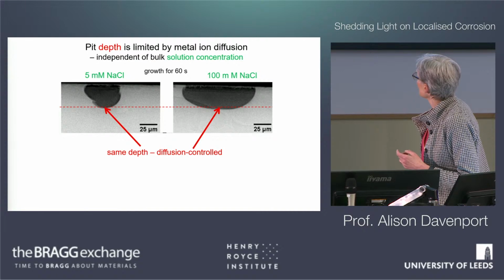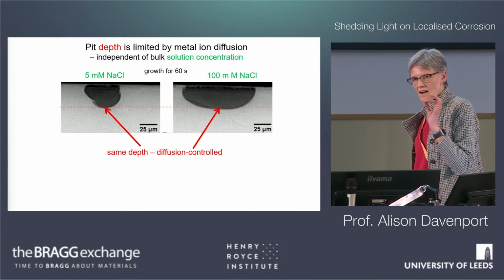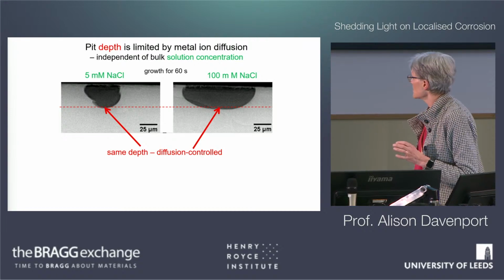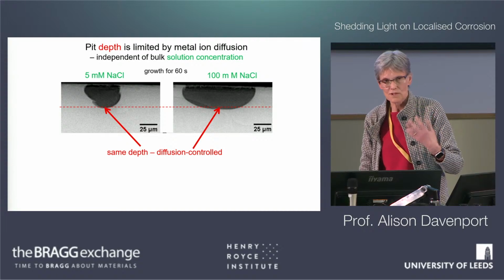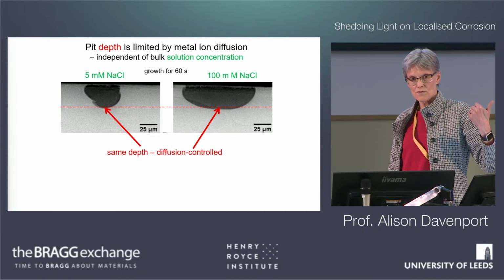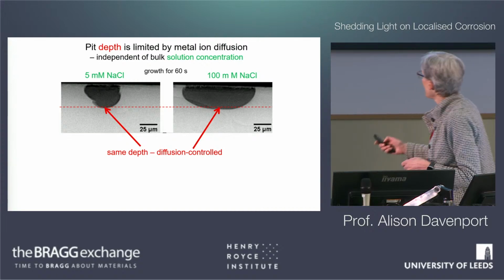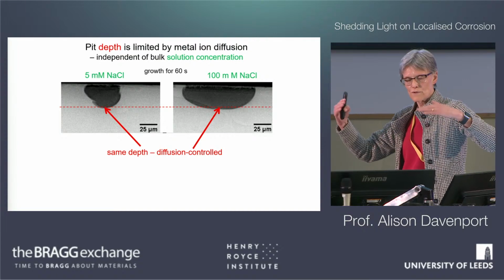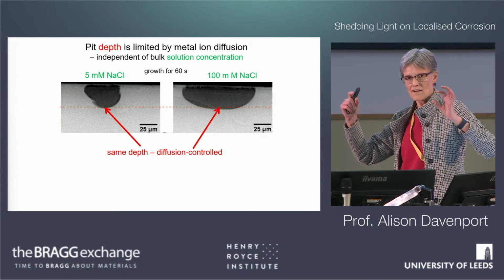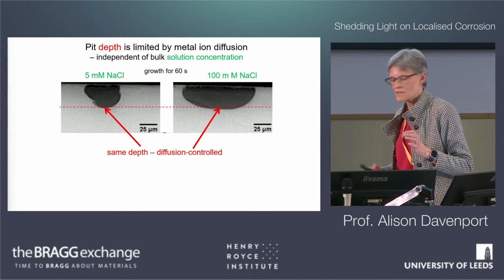All very nice in theory, but do we have any evidence for the fact that things are controlled in this particular way? Well, these are a couple of stills from pits. We grew lots of pits. One that was grown at a low conductivity and one that was grown at a high conductivity. And you can see that for both of them, we would expect the driving force for electrochemically controlled dissolution to be higher if you've got a more conductive solution.